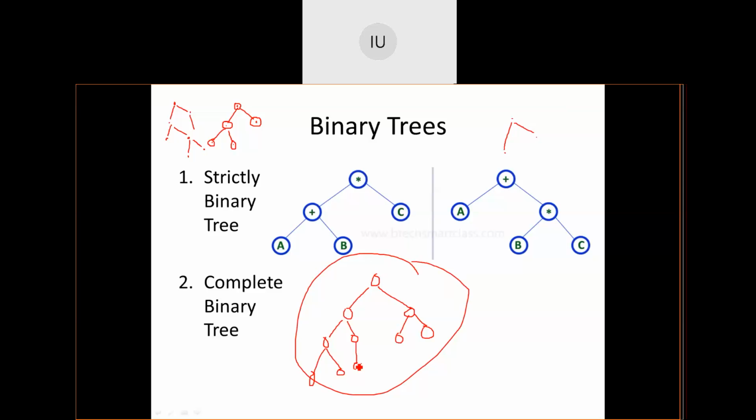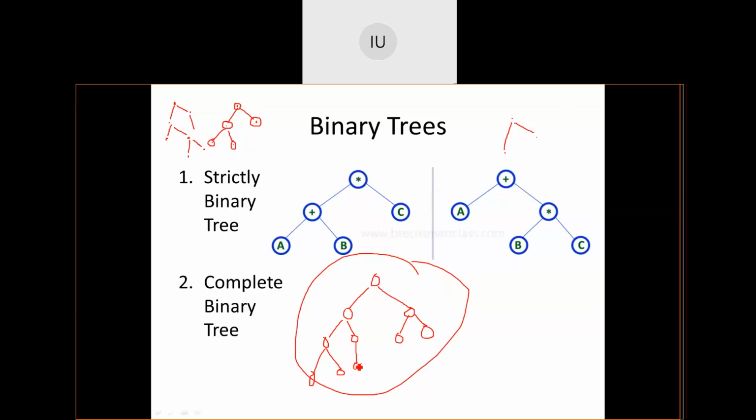Such a tree is called an almost complete binary tree. Two properties. First property, the tree up to level L minus 1 must be complete and the nodes must be filled from left to right at level L.